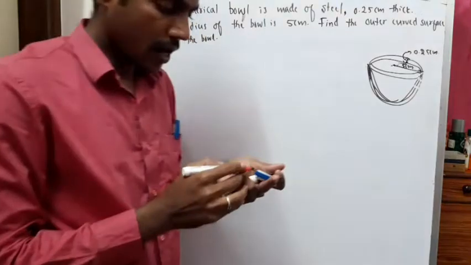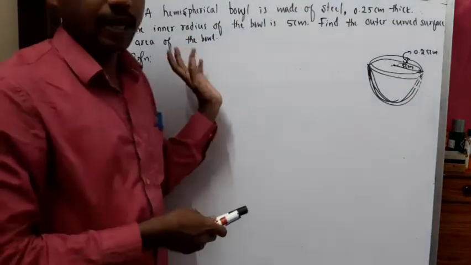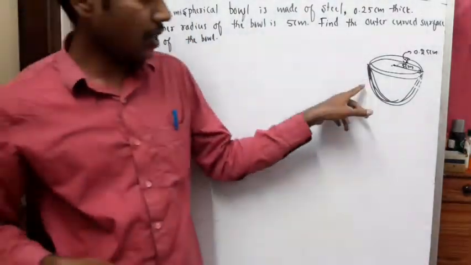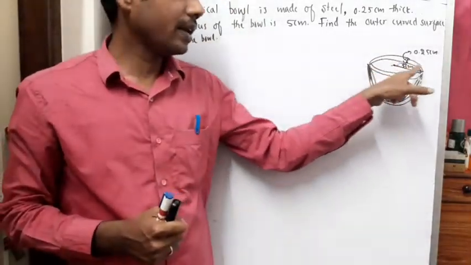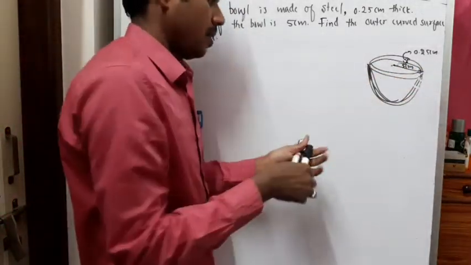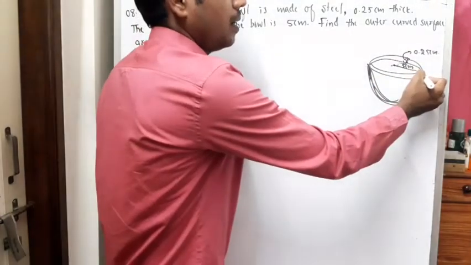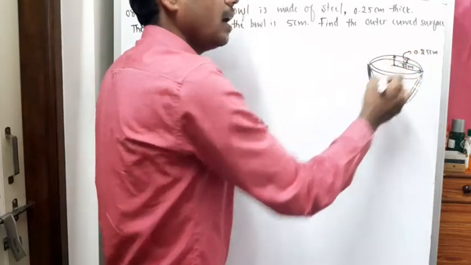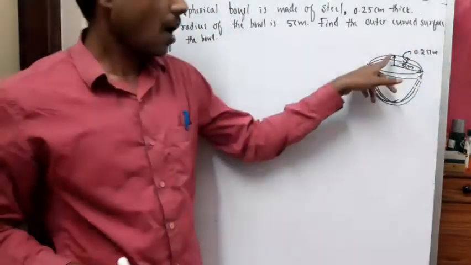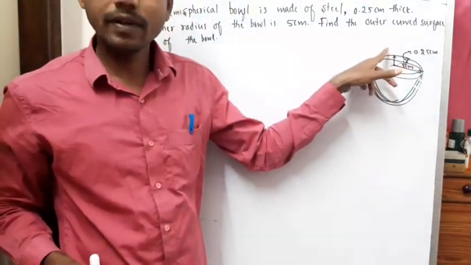What they asked us to calculate: find the outer surface area of the bowl. See, if I want to find the outer surface area of the bowl, which radius do I need? I need the outer radius. This is 5 centimeter. This 5 centimeter plus 0.25 will give me the radius of the outer surface.